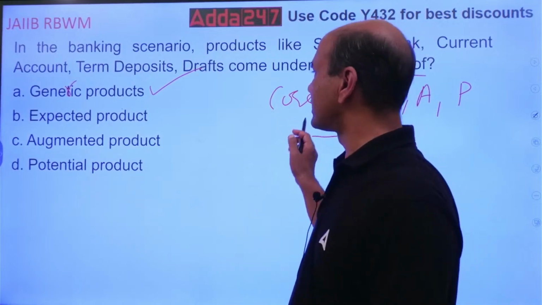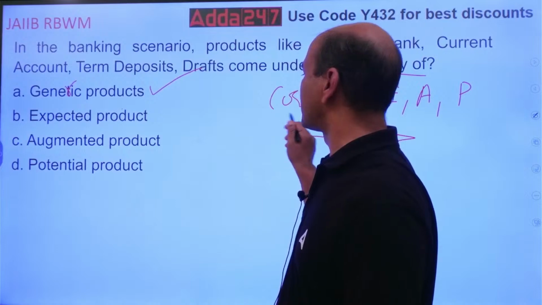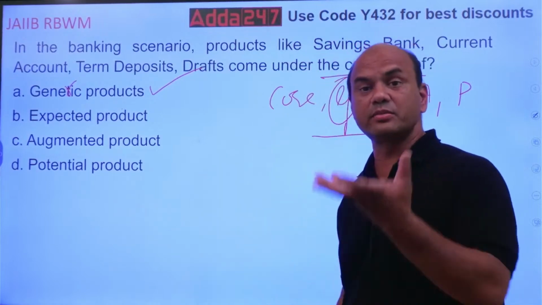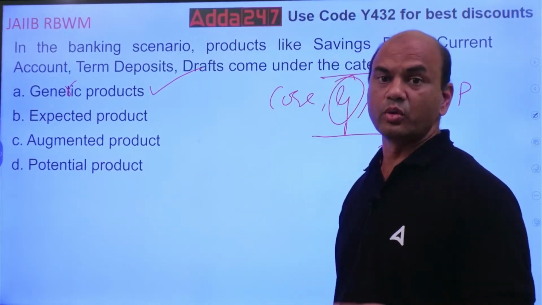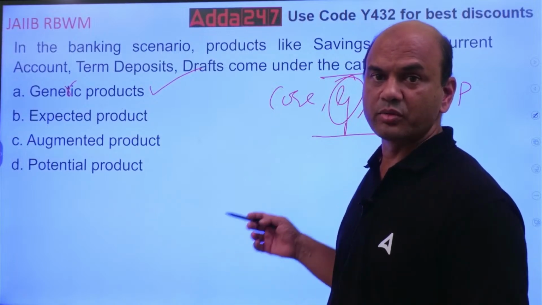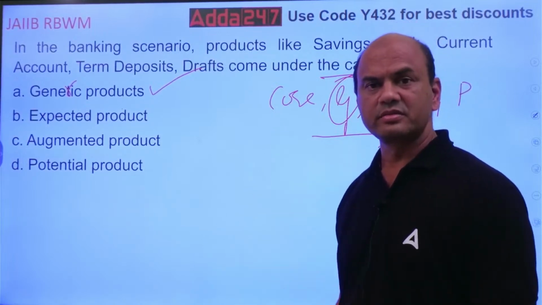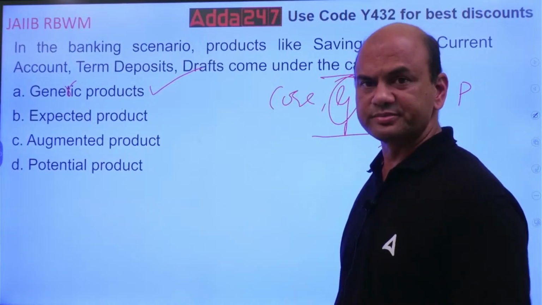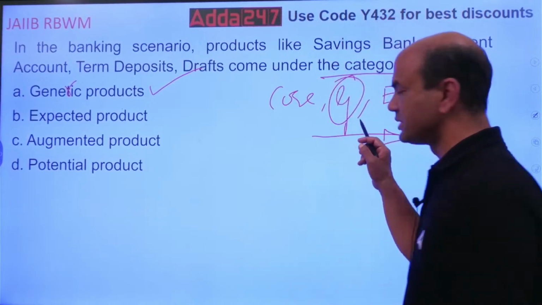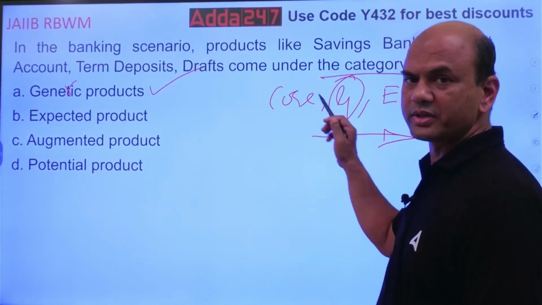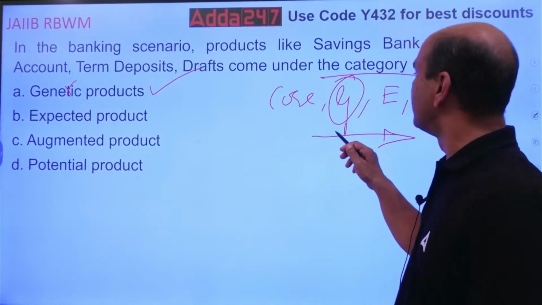So generic products means before that there is a core product. Core product means the origin of the product. Savings account, core product. Now when you add the features, it becomes generic, means it is common to all. Then expected.